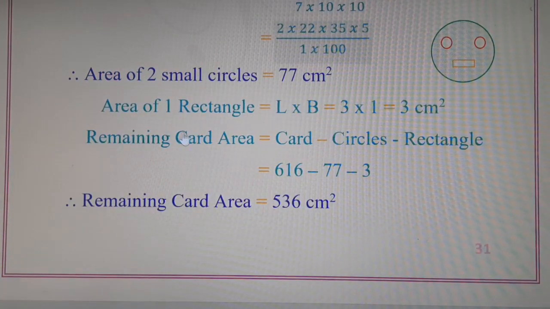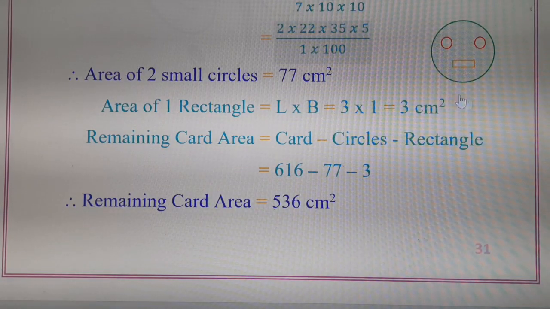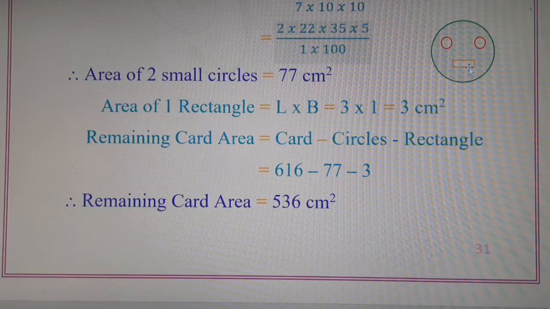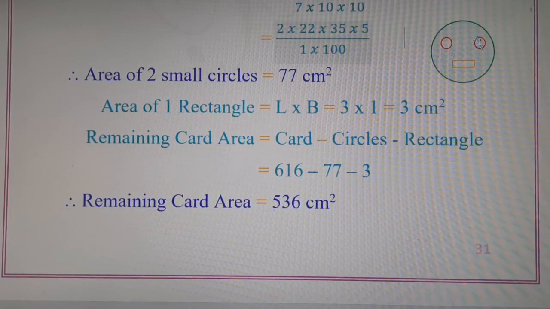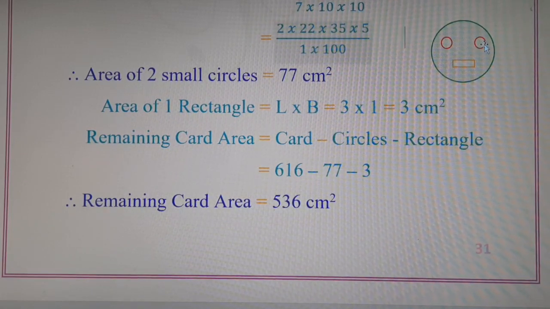Therefore, area of the remaining card sheet will be the original area of the card sheet minus the area of two circles and minus the area of the rectangle. So from the area of the circular card sheet, which is the big card sheet which is round in shape, we have to cut out the small circles. That means area of small circles has to be subtracted.